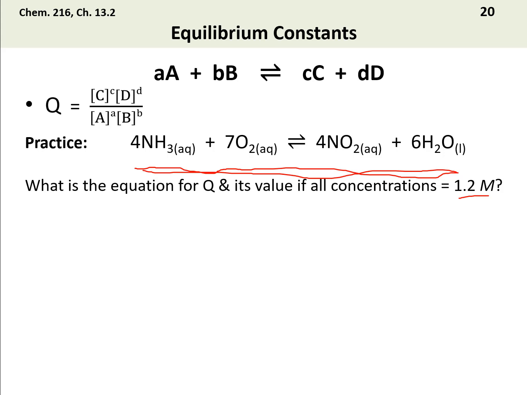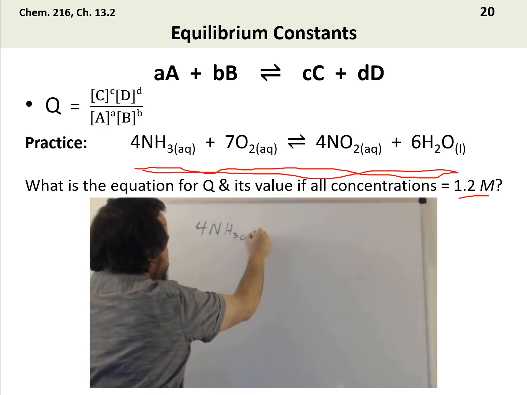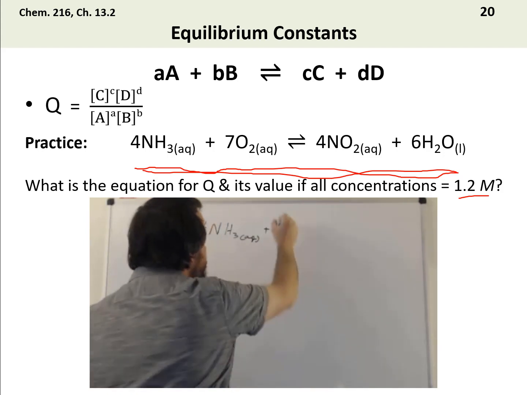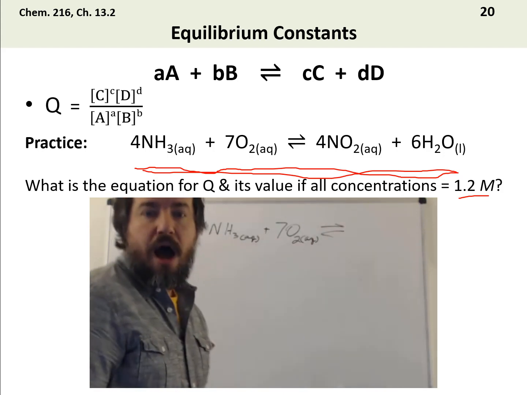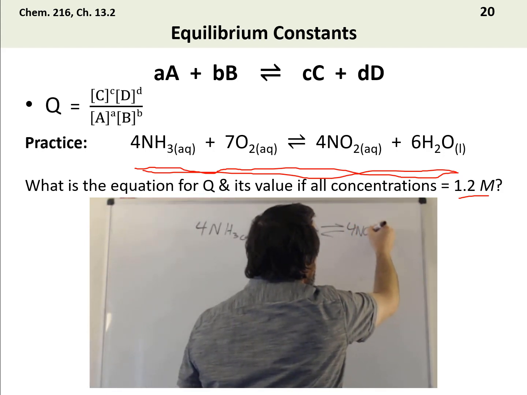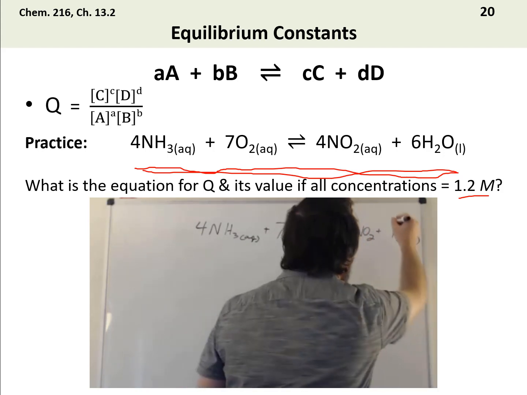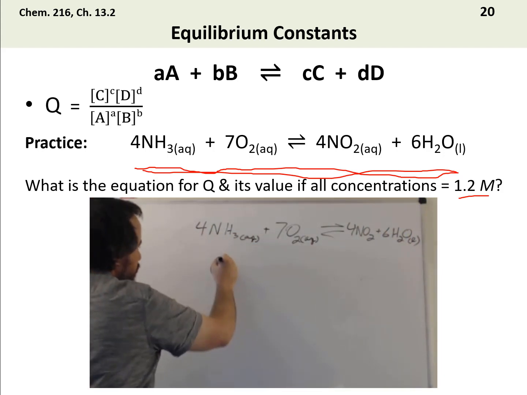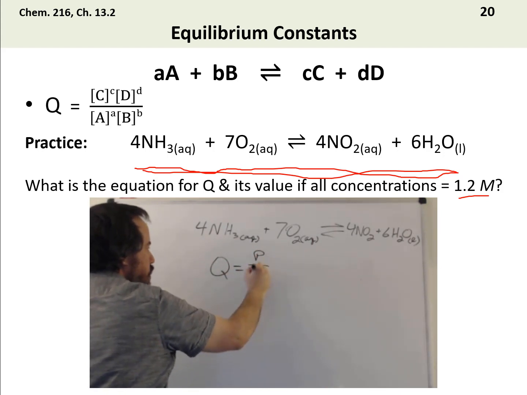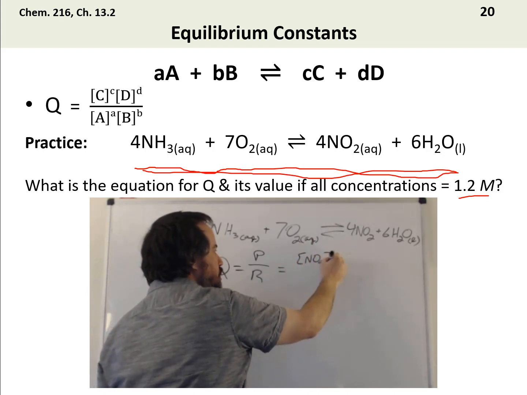On the board, I can write down the equation for 4NH3 aqueous plus 7O2 aqueous goes to form 4NO2 aqueous plus 6H2O liquid. All right, so I have this reaction. If I want to know Q, I take products over reactants. So that'll be the concentration of NO2 to the 4.